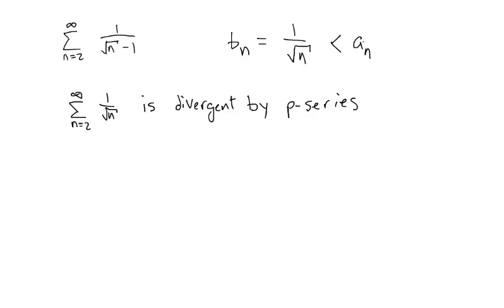And because b sub n is less than a sub n and b sub n was divergent, we can also say that our original series is divergent. And it's divergent by comparison.